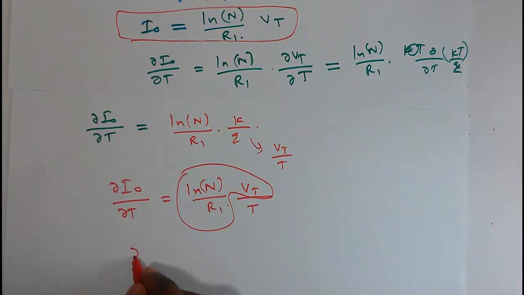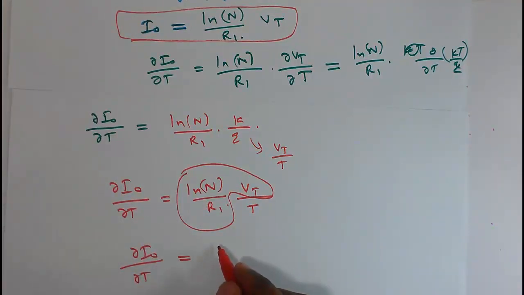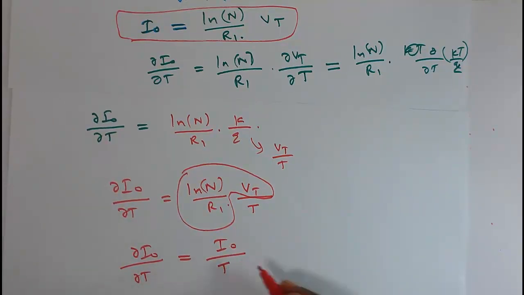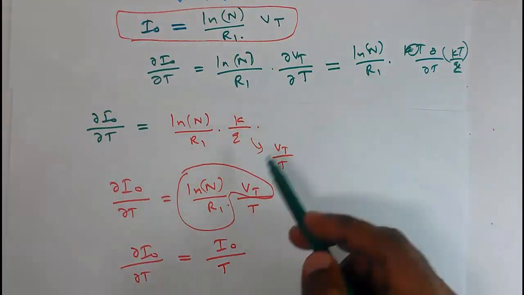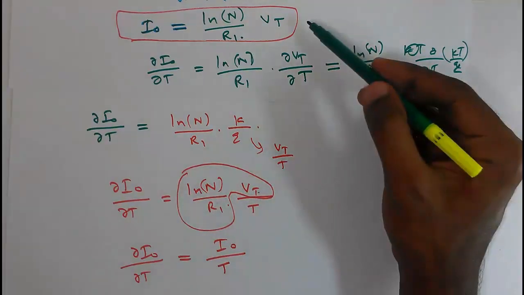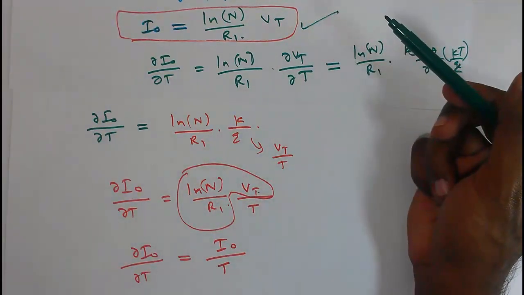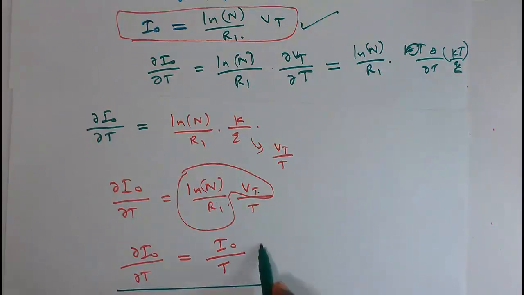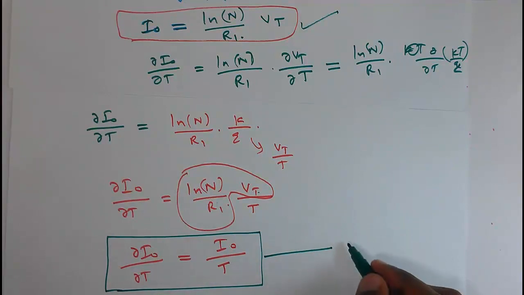So now we can write dou I0 by dou T is equal to I0 by T. We differentiated this expression and found that ln n divided by R1 into Vt is exactly the same as the expression for I0. Then we can write the expression for dou I0 by dou T. So this is the final expression for dou I0 by dou T.